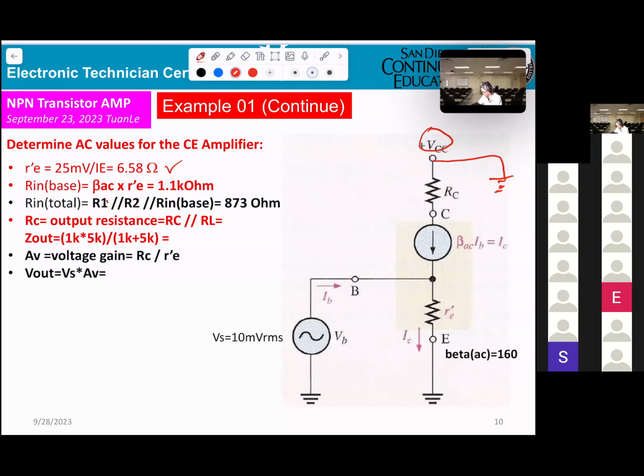Now, R in, that means if you're looking into the amplifier, you want to get the resistance, they call it R in, equal beta AC times R prime e. Calculate to see if you get 1.1 kilo ohm.